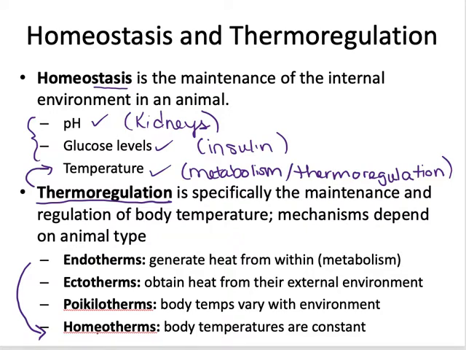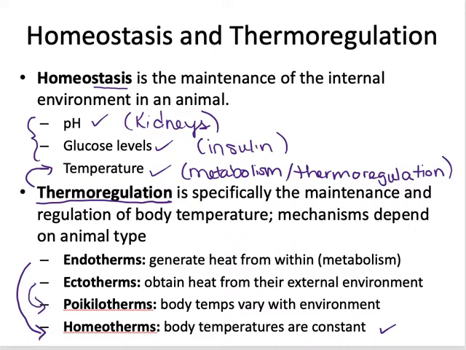Homeotherm means that the temperature is consistent within the body. So a homeotherm, a human is a good example. Our body temperature stays constant. So humans are both endotherms and homeotherms. A lot of reptiles are ectotherms and poikilotherms, which means their body temperatures vary with the environment.